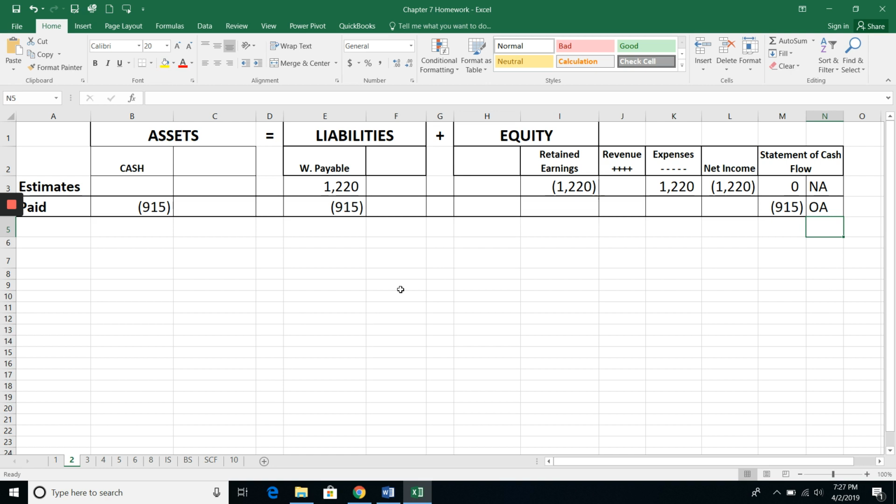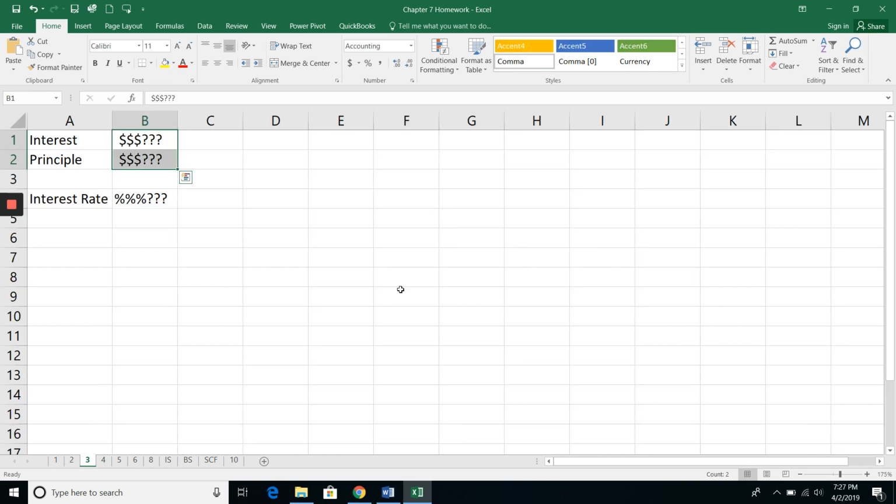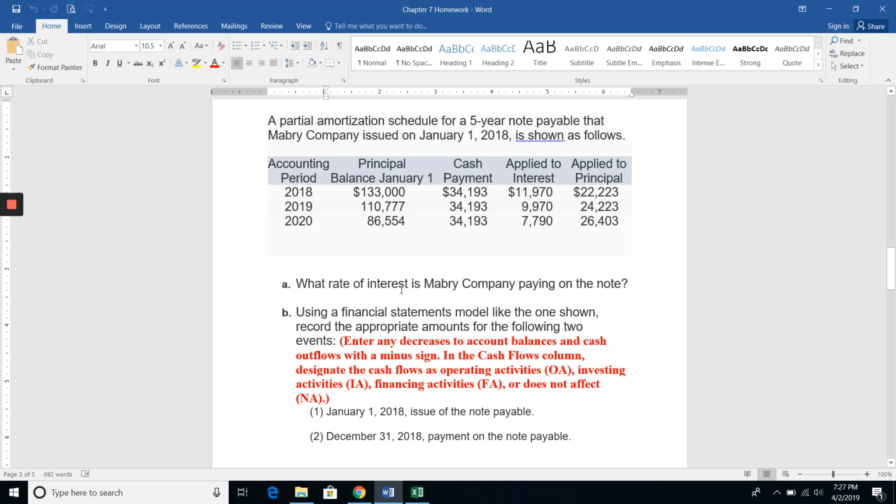Well, how would we figure that out? Let's take a look at the amortization schedule, and let's look at the interest that was charged for the first year and the principal that was outstanding.